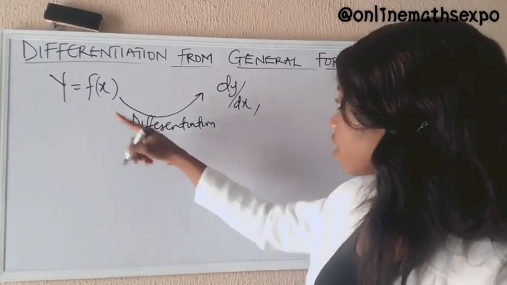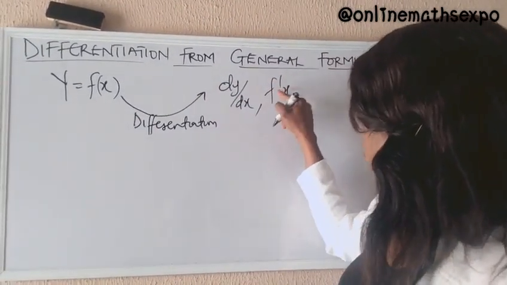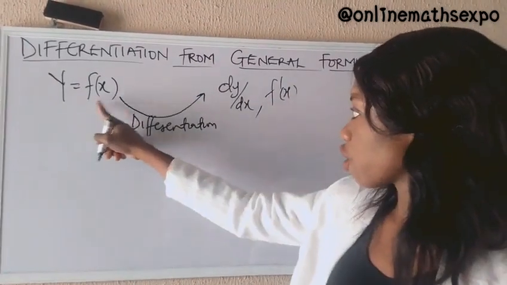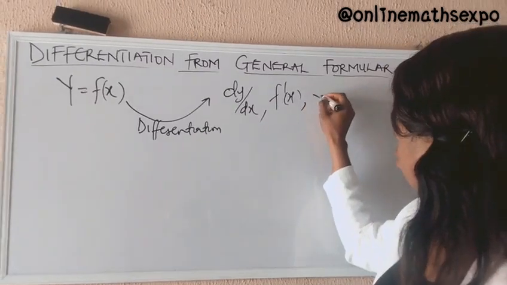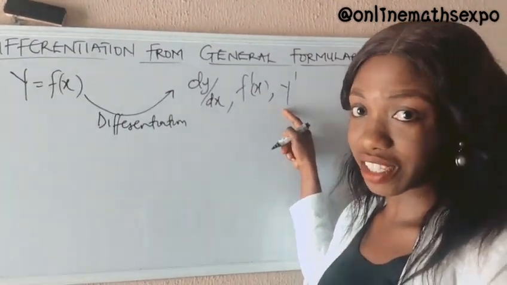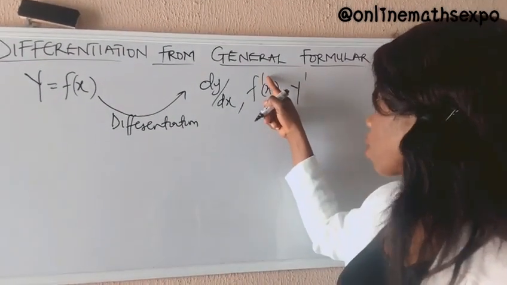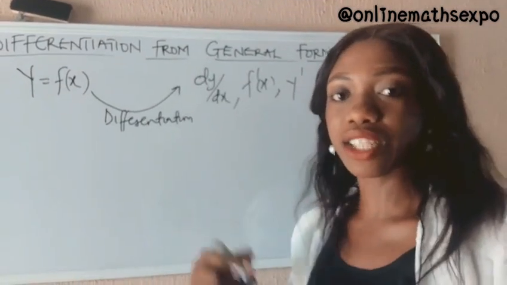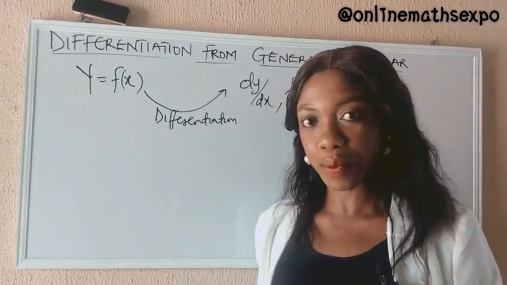You can also call it f of x. This is showing differentiation of this function. You can also represent it like this. These are ways you can represent differentiation. Okay? This one means you are differentiating to the first order. This is also first, and we shall look at other orders of differentiation as we progress.